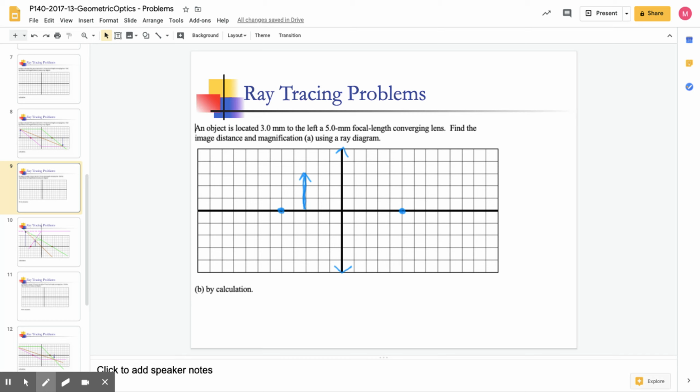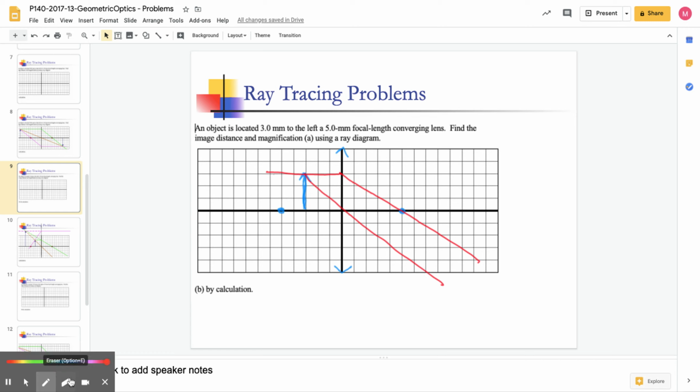Okay, so the first ray I'm going to do is the ray coming in from infinity. So let's start with red again. The ray coming in from infinity hits my lens and goes through the focal point. The next ray is going to be the one that goes through the center of the lens, like that.